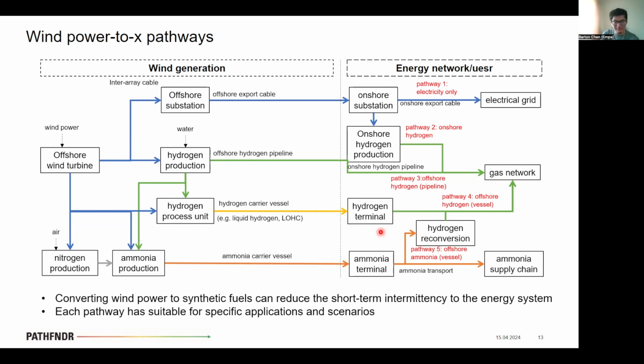So that is something we usually have to consider: what is the best pathway or configuration we would like to use in the future energy system when we really want to integrate a lot of wind power. That's why in the future, probably you will not just see wind power producing electricity, but you can see wind power producing hydrogen and ammonia, and maybe you will be using them when the wind and solar generation is low.